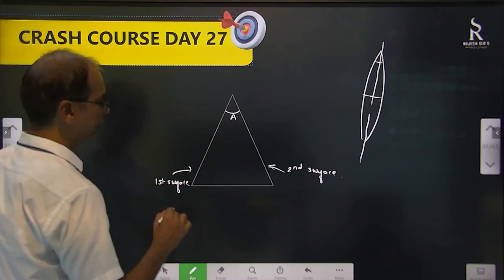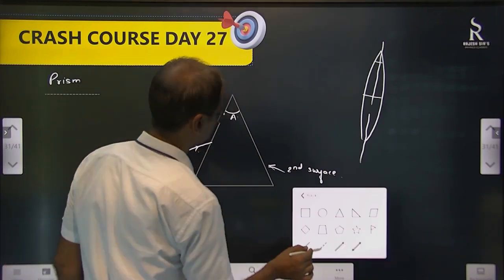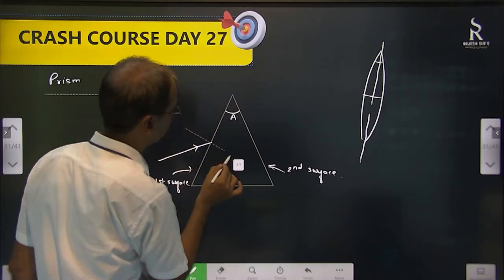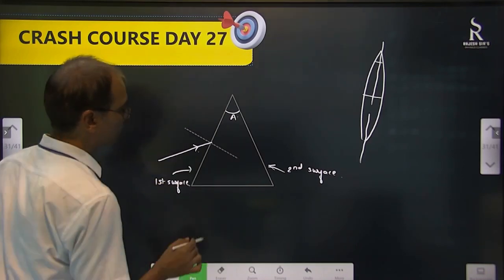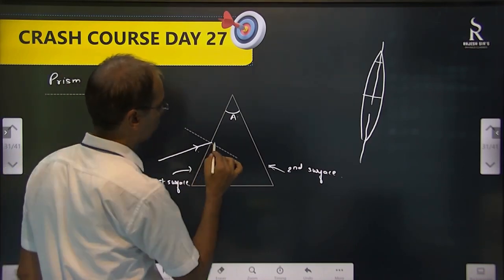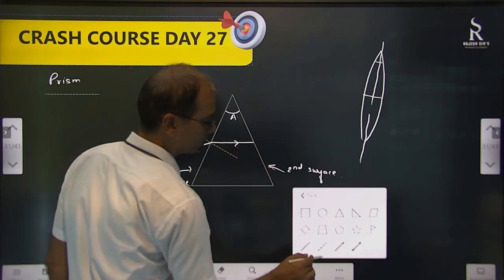Okay, then this is incident ray. Let's make one normal here. Okay, then a refracted ray, one more normal.